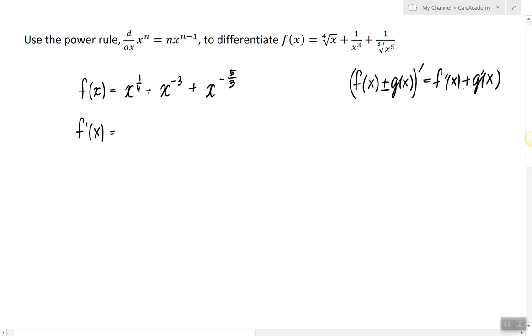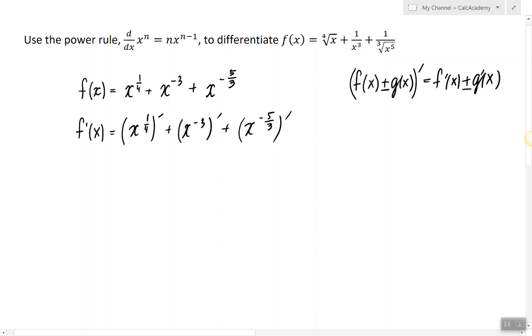Same as with the difference, and therefore to find the derivative of the given function, I have to find the derivative of x to the power 1/4, x to the -3, and x to the power -5/3. And each one of them is now a power function, and we can use the power rule.